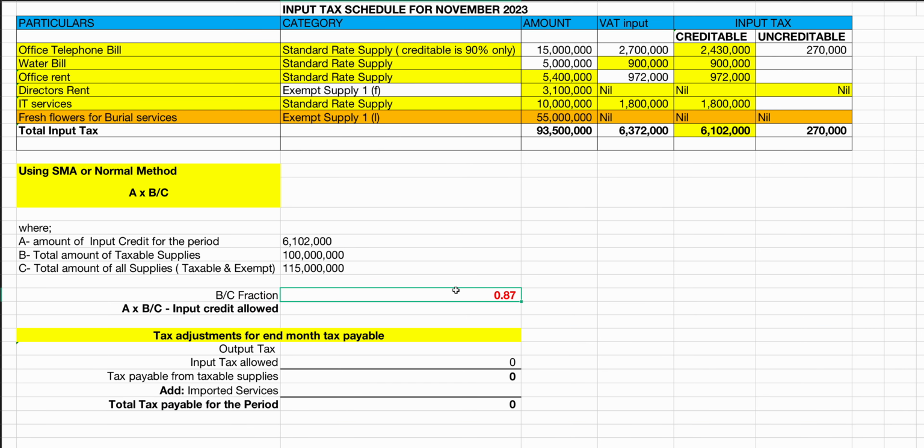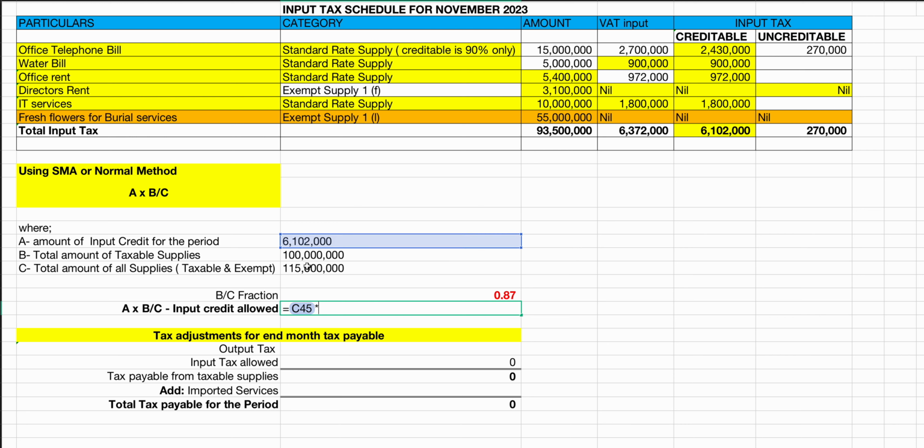And now you can see clearly that our B over C fraction is 0.87, which is between 0.05 and 0.95. So we need to apportion our input credit.